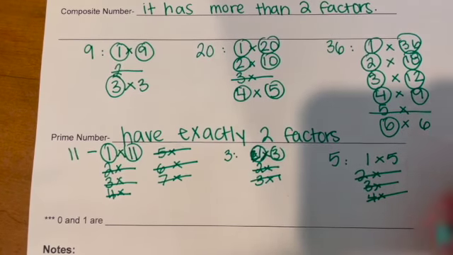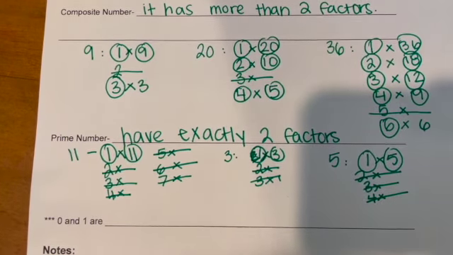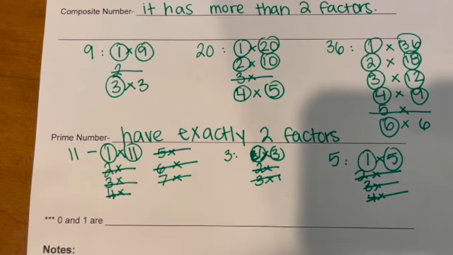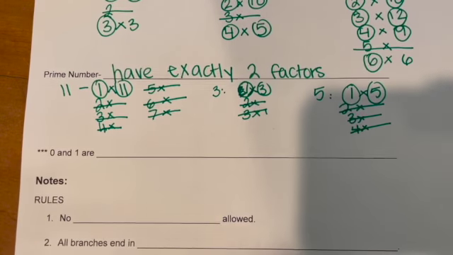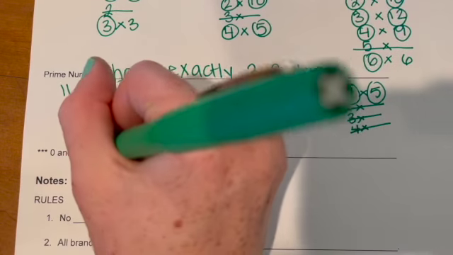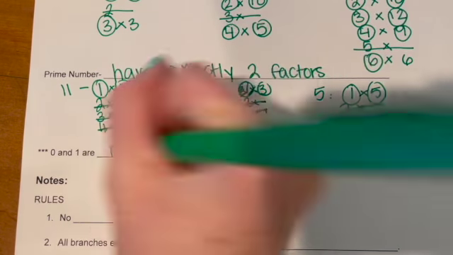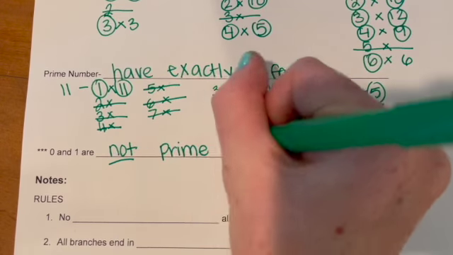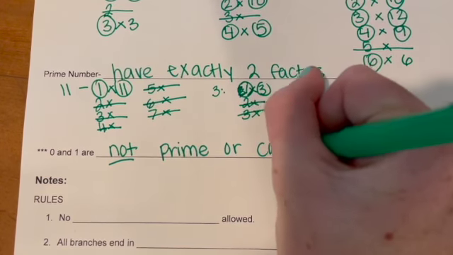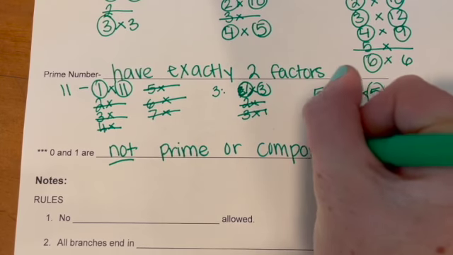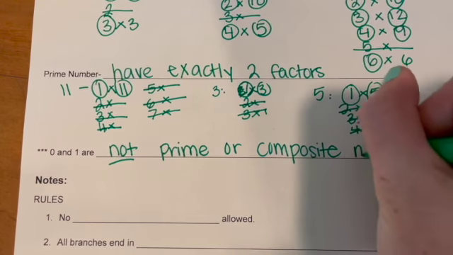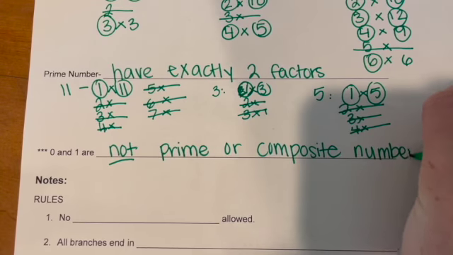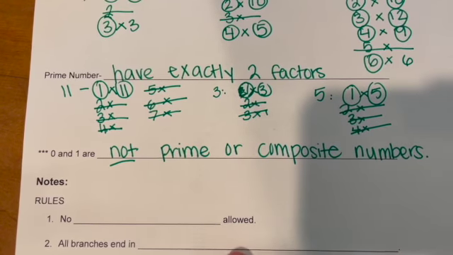So I only have 1 and 5, so there's only 2 factors. So again, if there's only 2 factors to get your product, that is a prime number. Special note, 0 and 1 are not prime or composite numbers. They're neither.